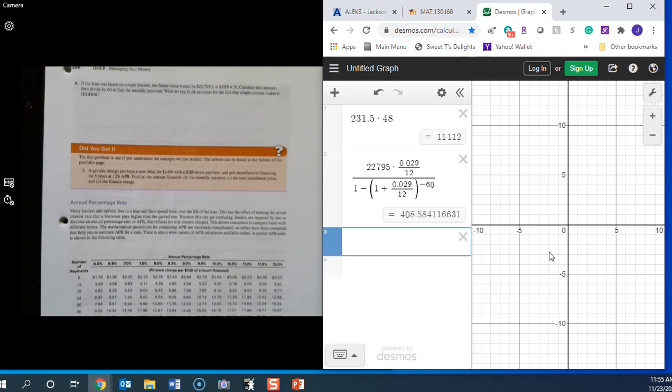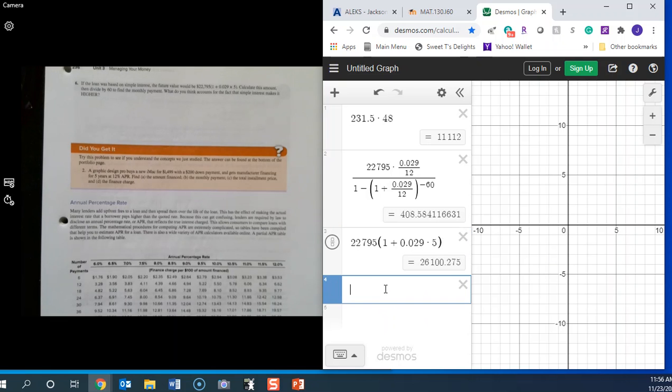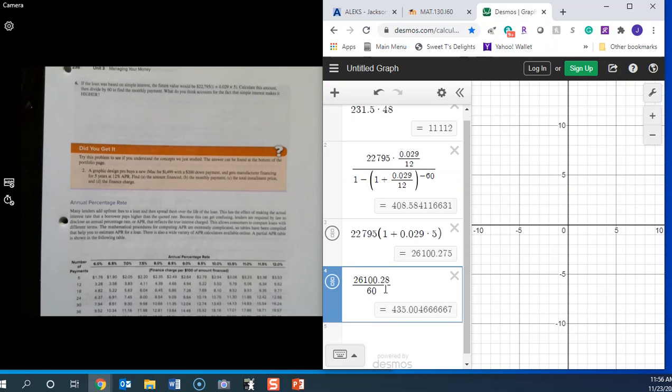So it says we have 22,795 at our parenthesis 1 plus 0.029 times 5, close our parenthesis. So this is how much we have, and we have to, of course, round that to 28 cents. So they're telling us to take this $26,100 and 28 cents and divide it by 60.